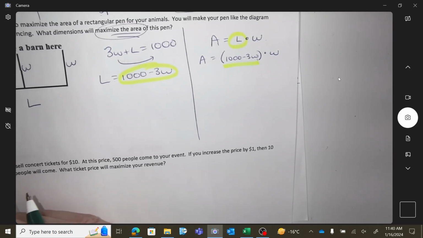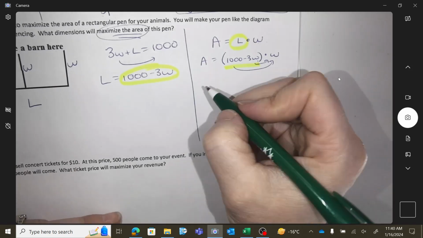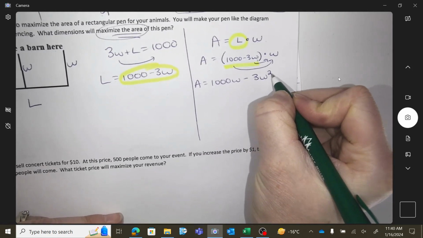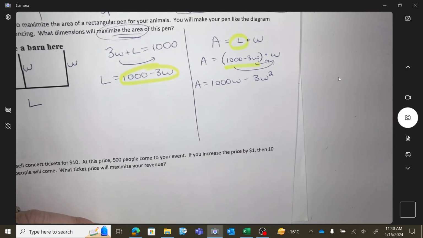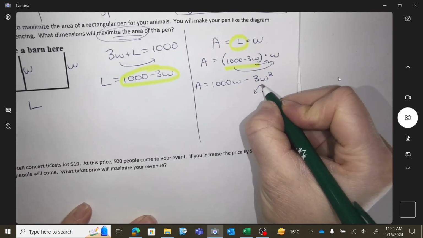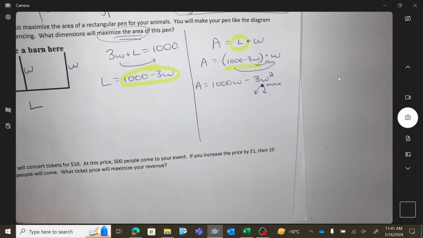What would be the next steps? Distribution. So remember what you're doing. You're doing max area. So this is a parabola that opens down, and we're trying to understand max. So how do we get max? We need the vertex.